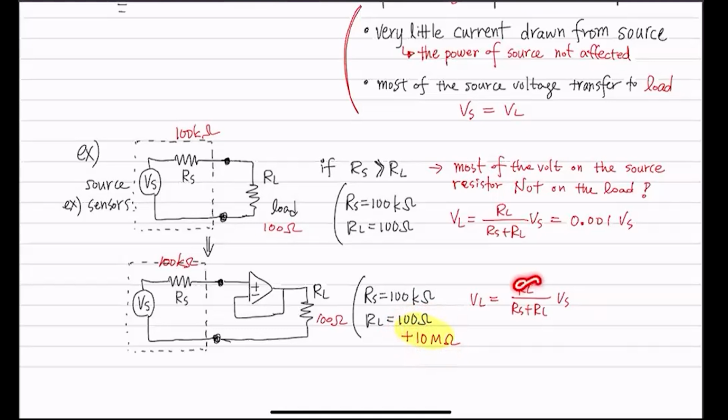So this is super large, this is super large, they go away, and this is similar to Vs. You see?